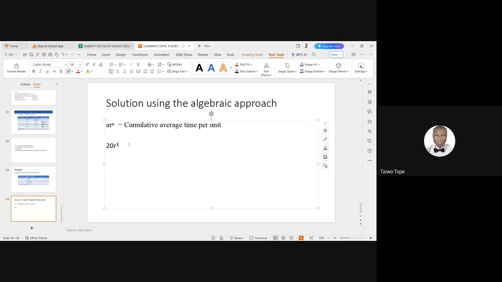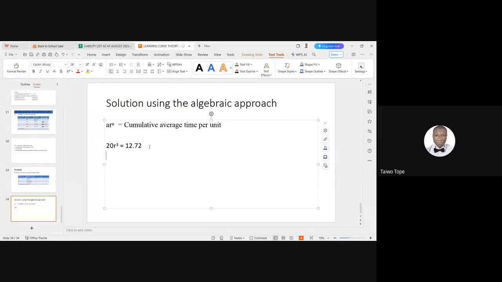The cumulative average time per unit is 12.72. To determine the value of R, the learning rate, what are we going to do? You divide both sides by 20.